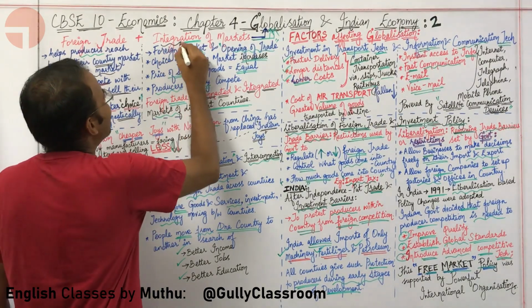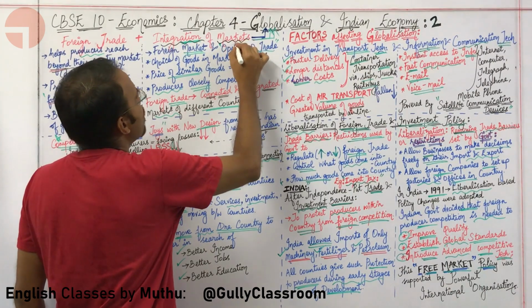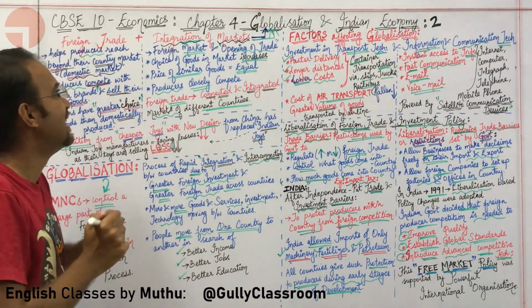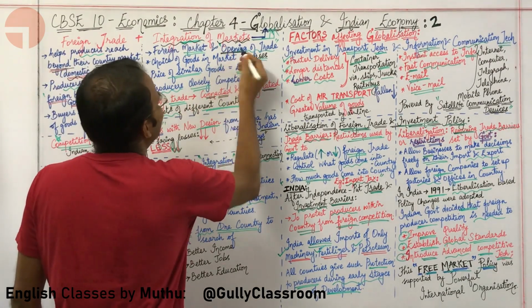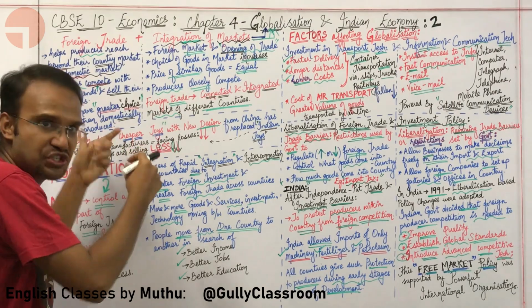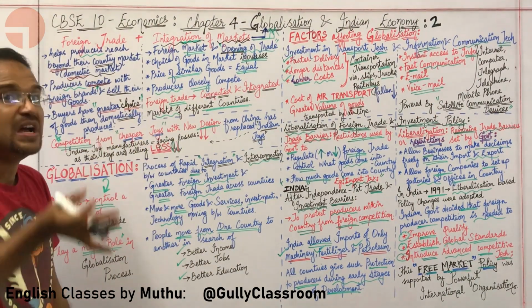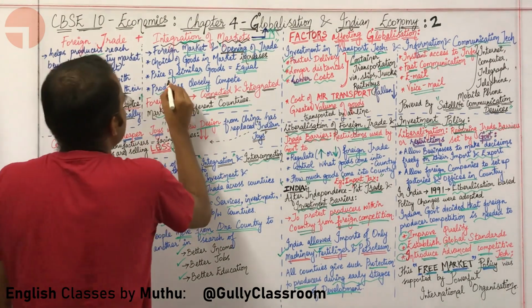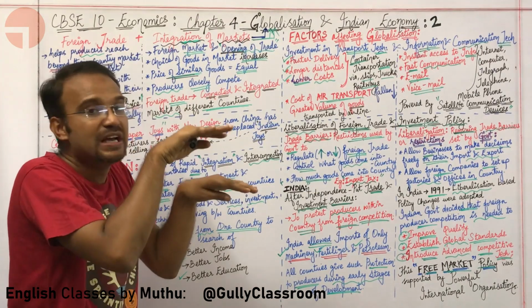What is integration of markets? Integration of markets means unification of markets. Foreign markets and trade are opening up, and because of this, as we have just seen, the choice of goods available to the customer is increasing, and similar goods are usually priced equally.